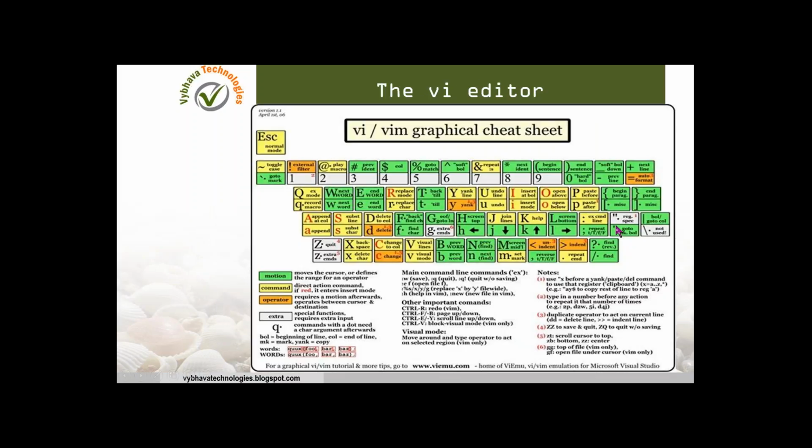So vi commands are here. How many commands can you recognize out of this? How many have you used? Maybe 10 or so, not more than that. Did you copy and paste anytime in the vi editor? How to paste?